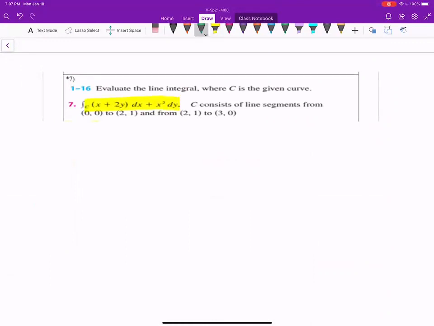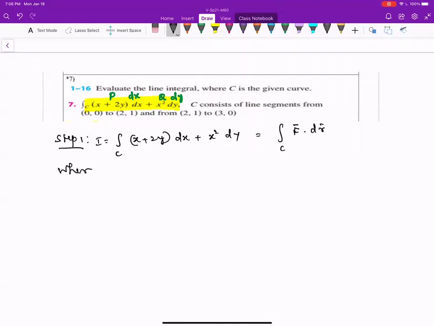Let's consider this line integral P dx plus Q dy. The given integral is the line integral; we'll call it I. It is of the form integral F dot dr, where F has components P and Q, which are x plus 2y and x squared, and dr has components dx, dy.